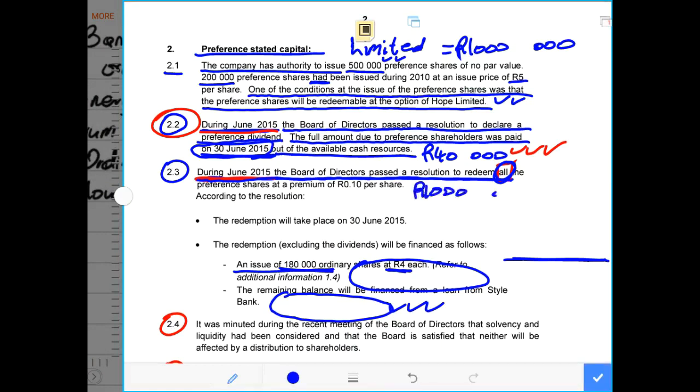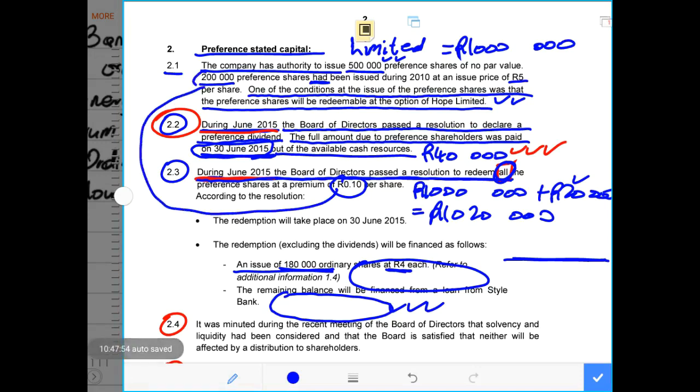Then we said R1,000,000 plus 20,000, and that gave us 1,020,000. And remember, 20,000 was a premium. Where was that 20,000 coming from? We said 10 cents per share multiplied by the number of shares that were redeemed, which is 200,000, because the whole 200,000 is being redeemed.